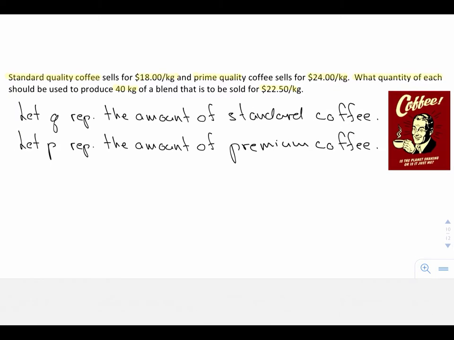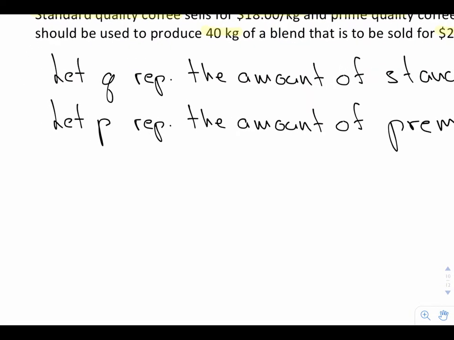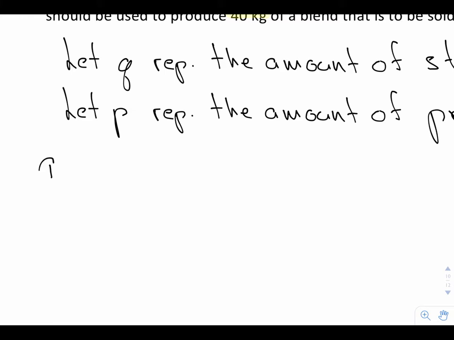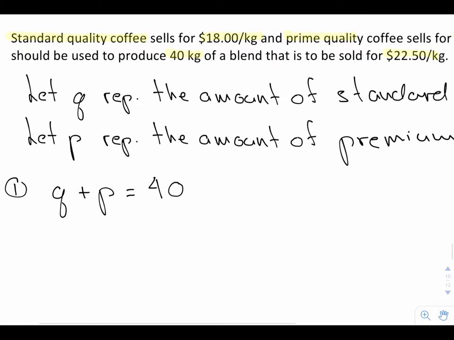Okay, and what do I know about P and Q? Well, first of all, they're both in kilograms. So make sure that this is explicit here. And in terms of their total amount, I know that if I add how many kilograms of Q and how many kilograms of P, I'm going to get 40 kilograms of the blend I want because that's how much I need.